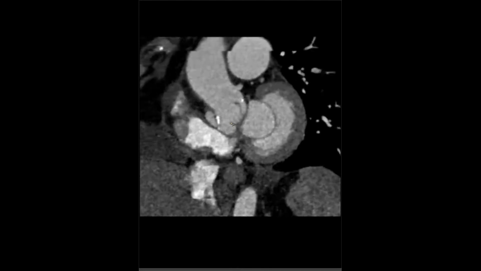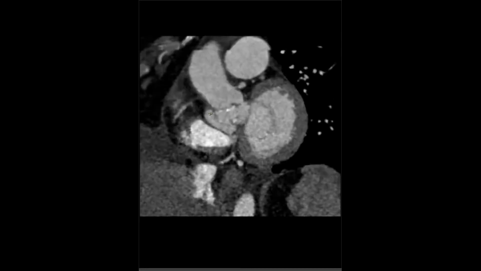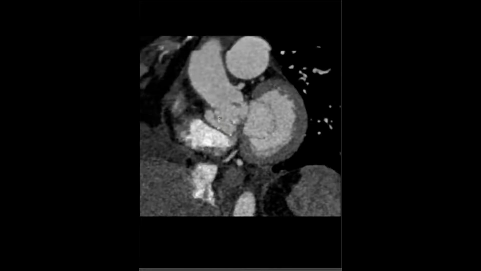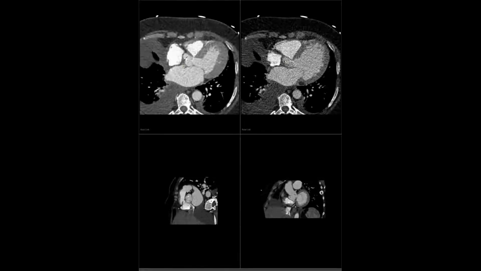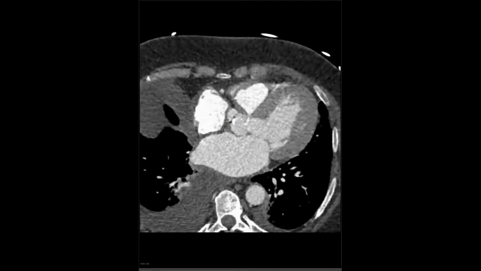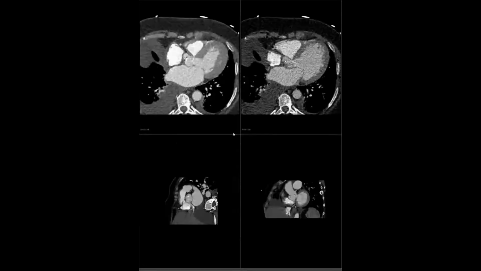And I've seen this a few times now where things like this are missed on echo, or maybe misinterpreted. A lot of times stuff like this can present mostly as just infiltration around the fat in the aorta, which is probably not going to be easy to see on echo. It may show up as increased echogenicity, and on CT as increased soft tissue in this area between the aorta and the left atrial wall.